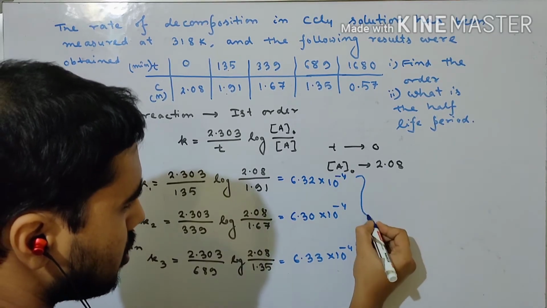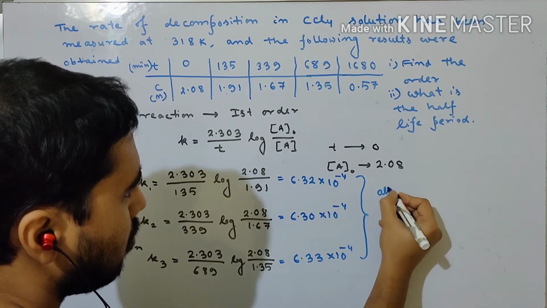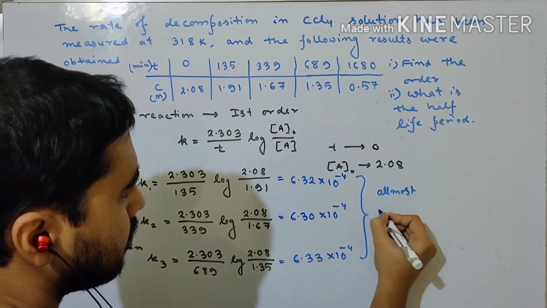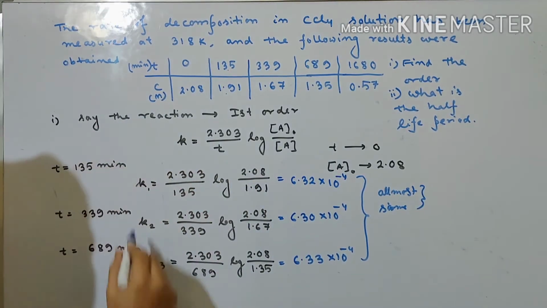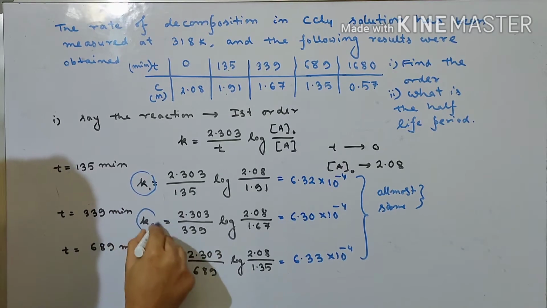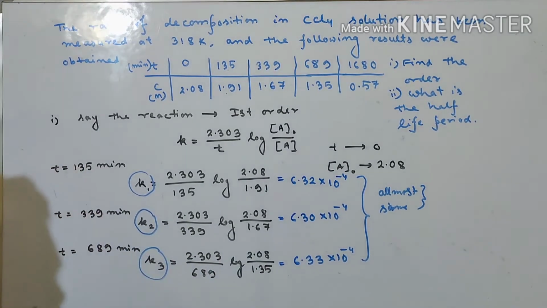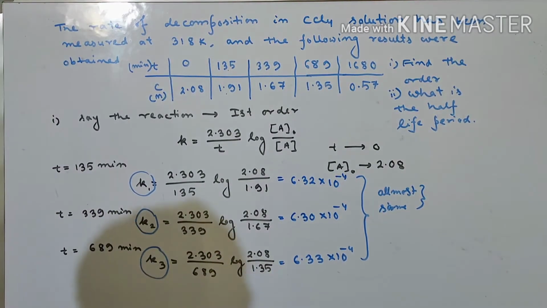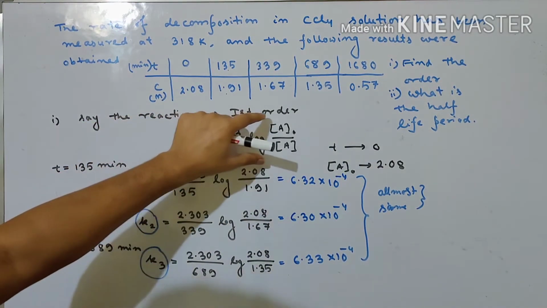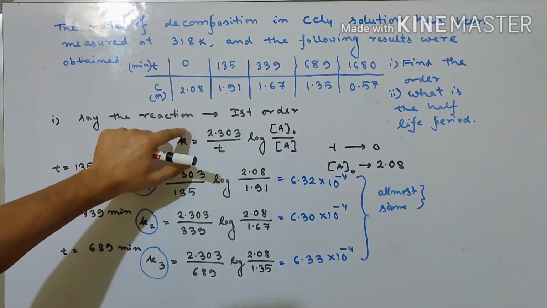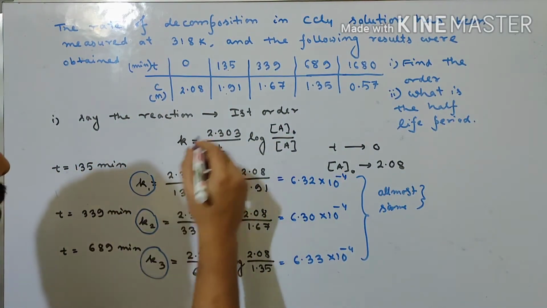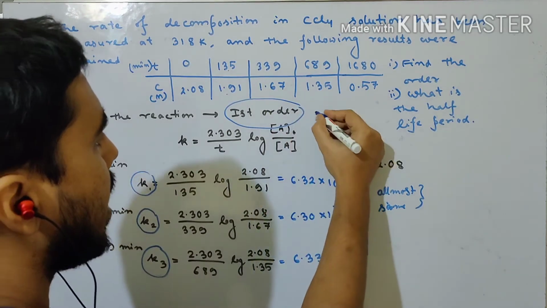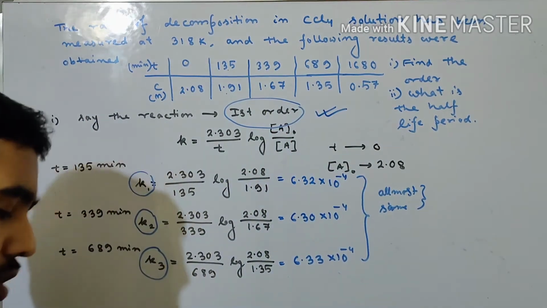If you see, all these values are almost the same. What does it mean? That this K remains more or less constant across all these values. That means the equation that we have chosen is the correct equation. That means it is definitely which order? We have chosen first order, and it is actually a first order reaction.